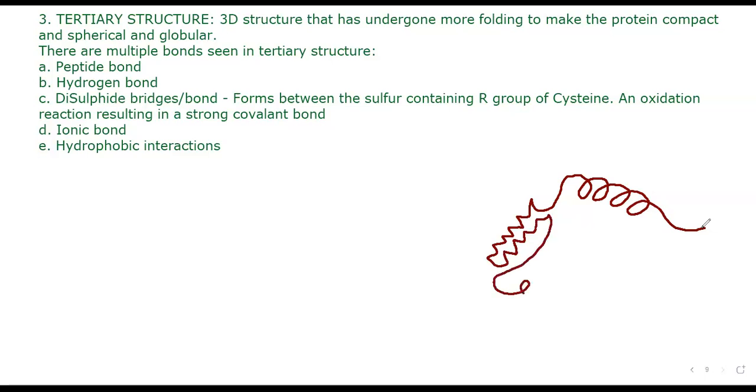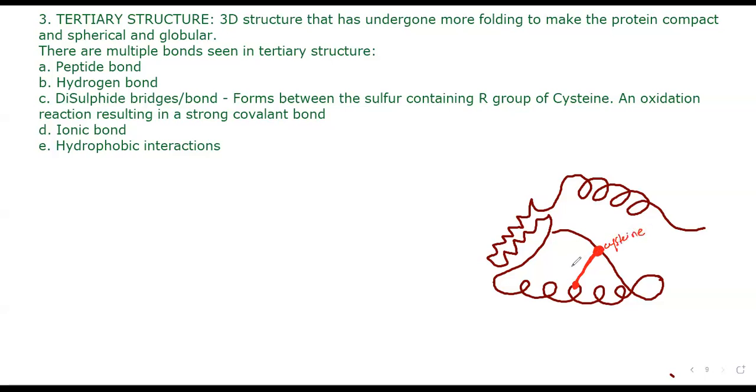Then again in certain areas it has got hydrogen bonding, something like this, right? So we can now also see that disulfide bridges or disulfide bonds can form as well. Let's say I have an amino acid cysteine over here, and an amino acid cysteine over here. The strong covalent disulfide bridge can form between these two cysteines, right? So see how that is helping in the folding of the protein.